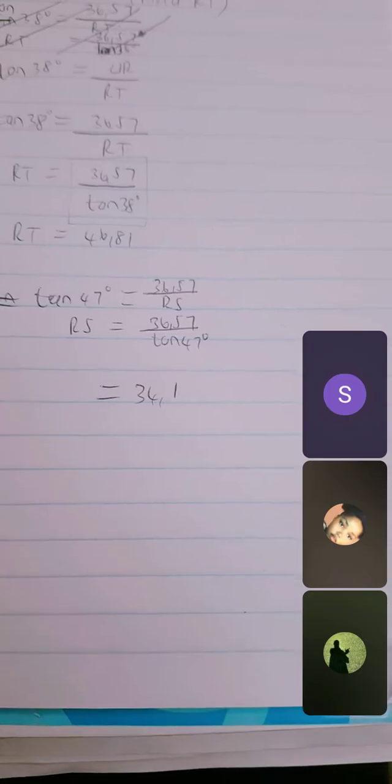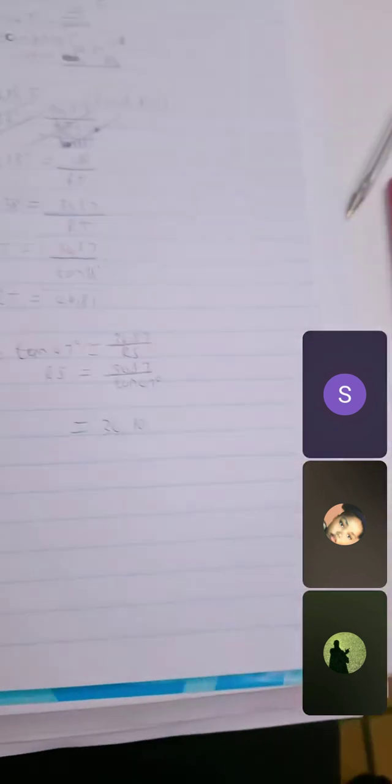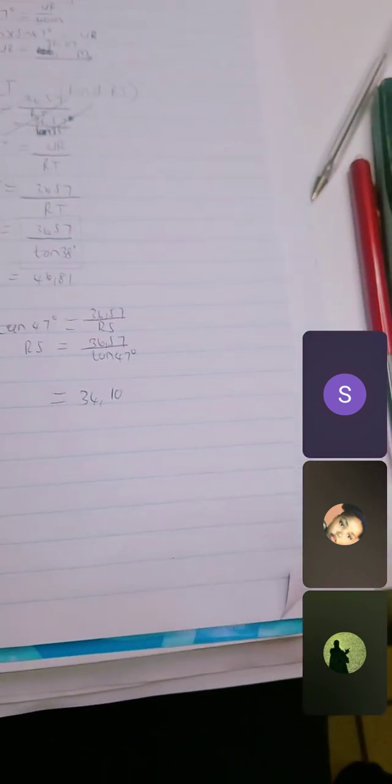Okay, just verifying it here. 34,1. Then what we have is this entire distance RT, and we just calculated the distance RS.